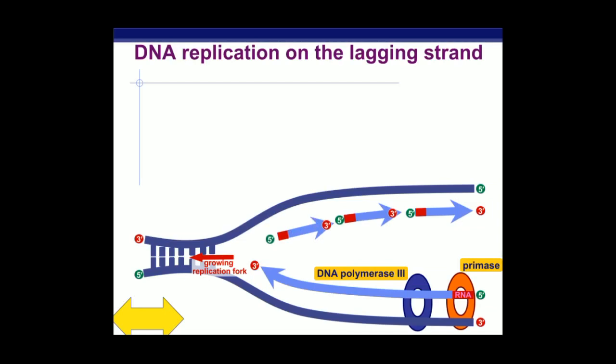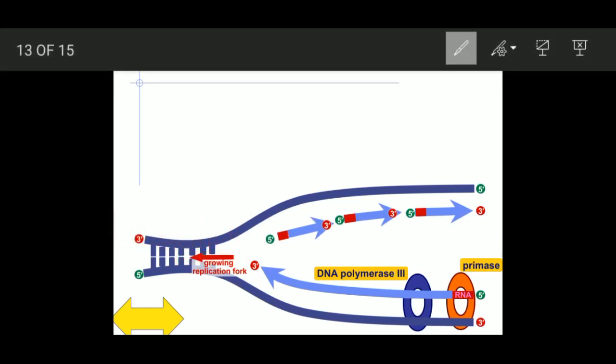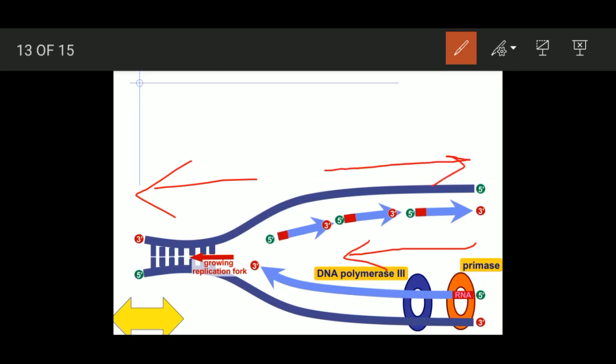As you can see, the replication fork will keep on growing in this direction, right? The strand also keeps on forming. Leading strand will keep on forming in this strand, lagging strand will keep on forming in this strand. Clear, guys?